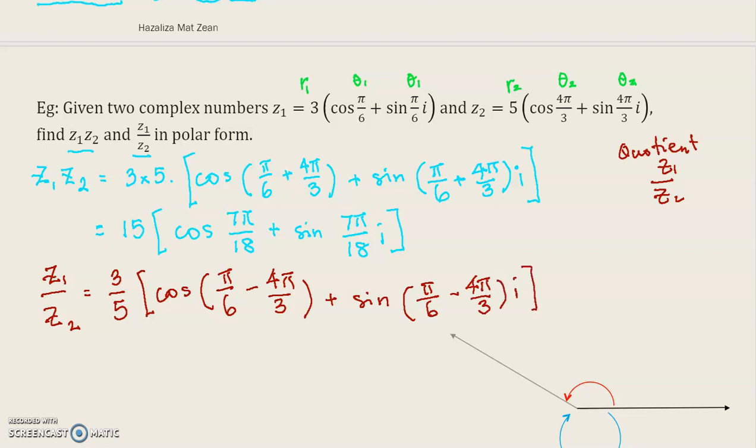Don't forget the i. So this is the formula. Of course you have to simplify and finalize your answer.